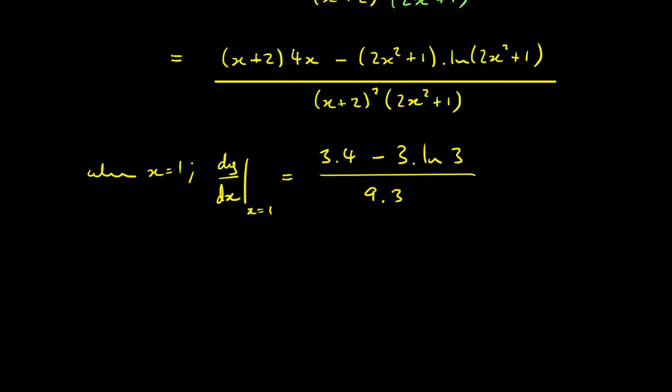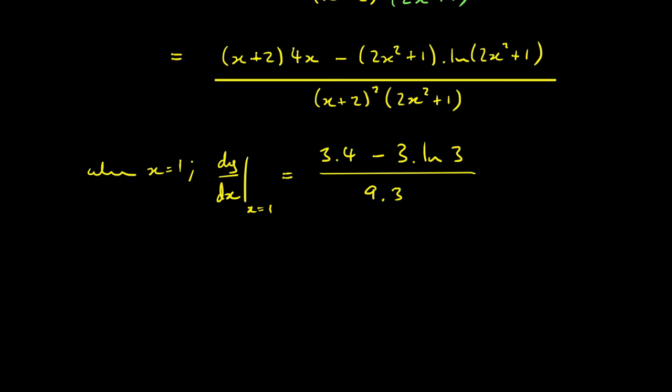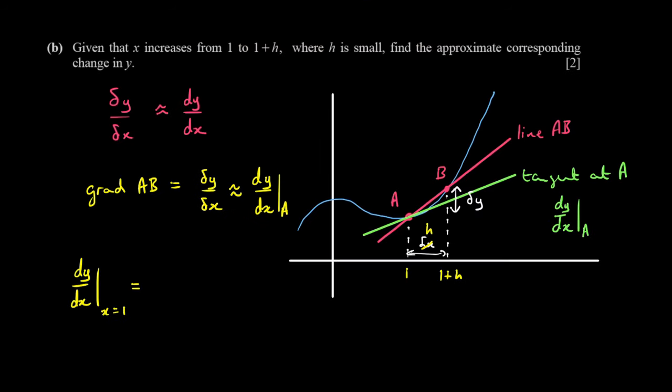Okay, and I think you can see that we can cancel everything through by dividing by 3. So divide, divide, divide. And what we'll be left with is (4 minus ln 3) over 9. Right, so if I go over here, I'm saying that this is (4 minus ln 3) over 9.